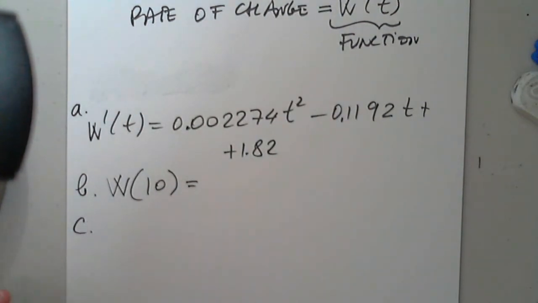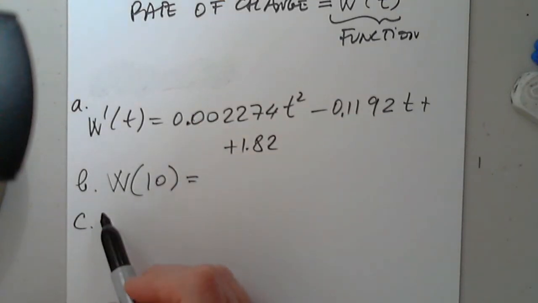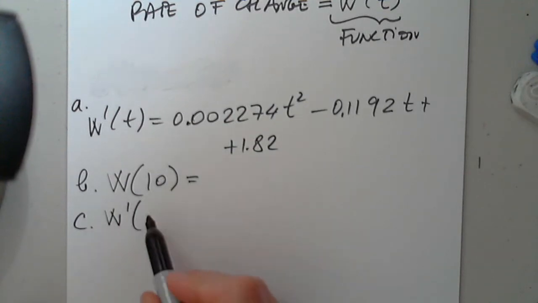What are we asked in part C to determine? The rate of change of weight with respect to time at age 10. Is that when we put 10 into the equation we just made for part A? Very good. That would be W prime at 10. Awesome.